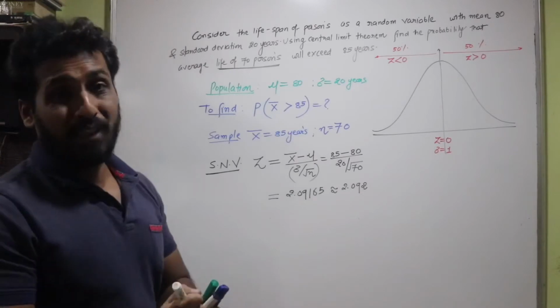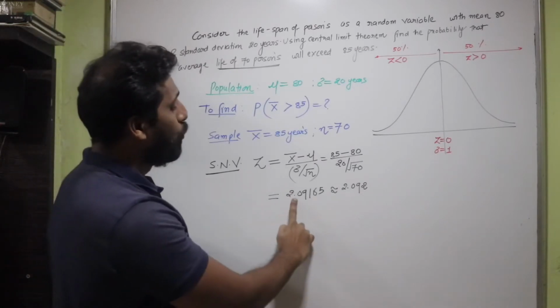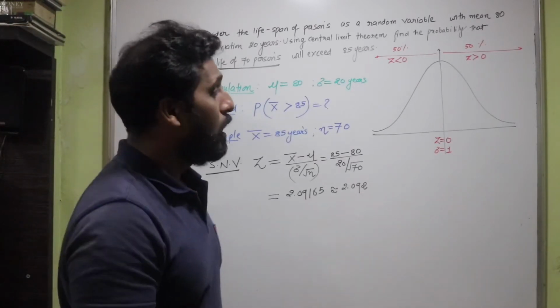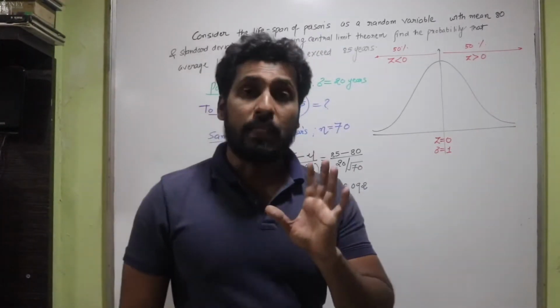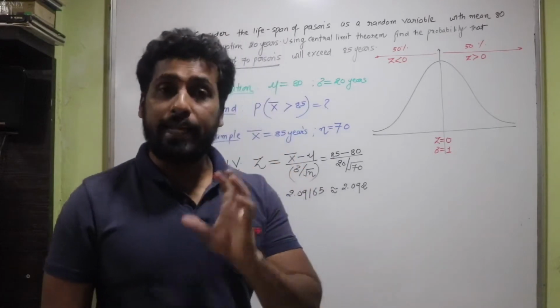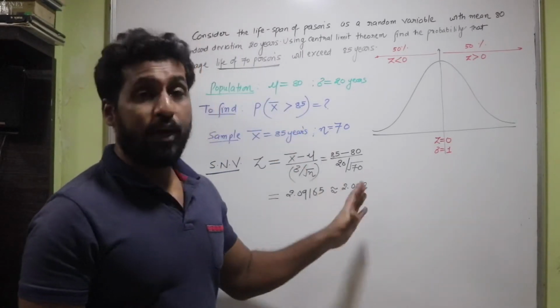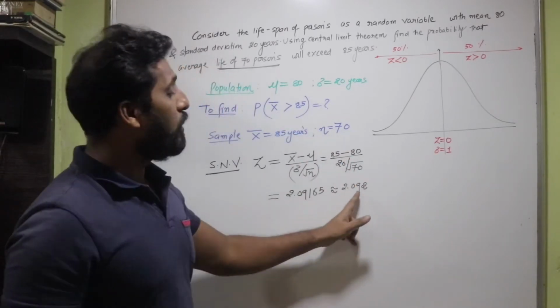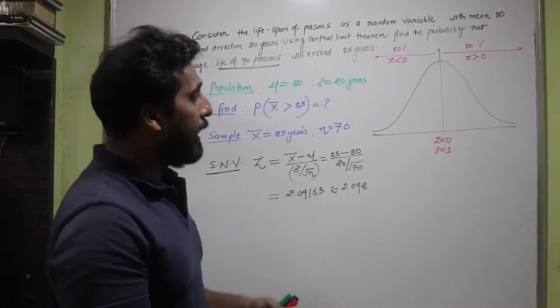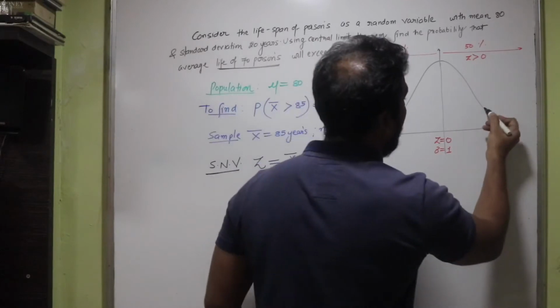Now what is told to us is that the value of Z is 2.09165. Remember, you need to make use of the standard normal curve. There is a table that you need to use to get values for this probability. Now, Z is 2.092, so this Z will be lying somewhere here.